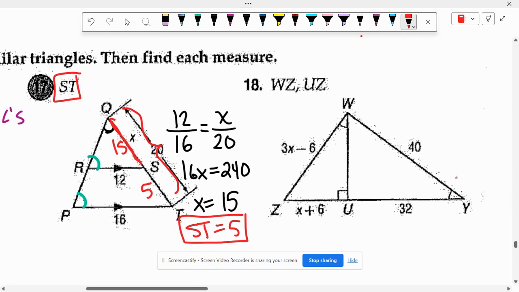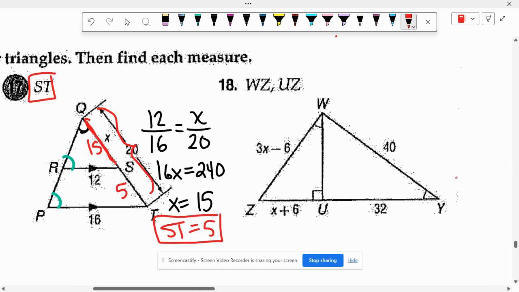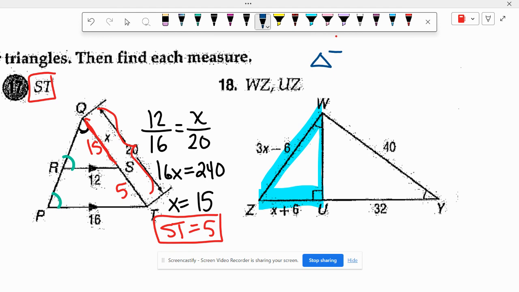Okay. All right. So for this next triangle, I have triangle ZUW. So that's the first one I'm looking at, triangle ZUW. And then I'm going to start at WUY. It's got to be similar to triangle WUY.